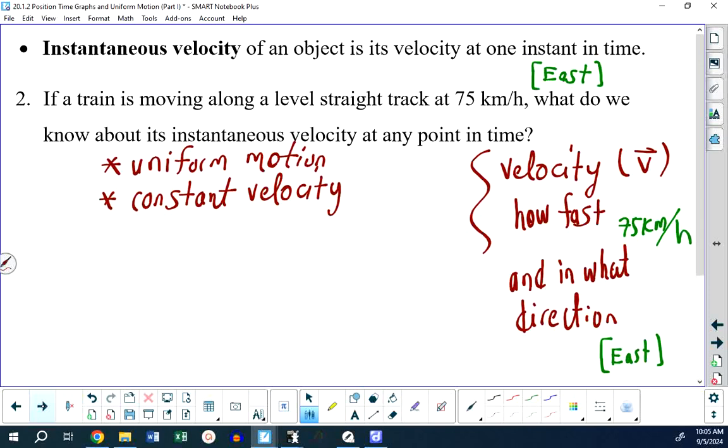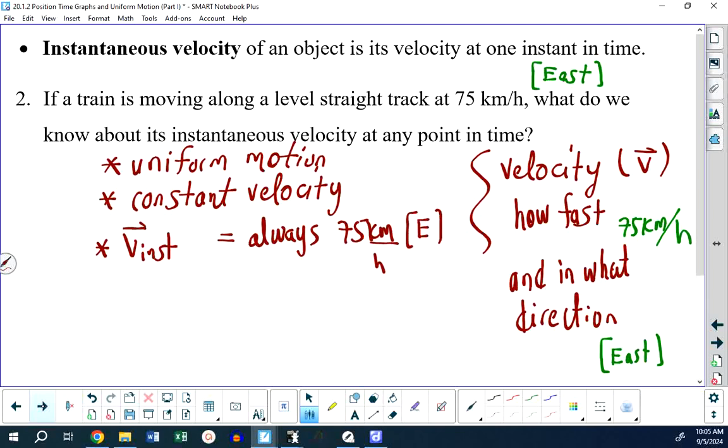However, in this case, it's constant velocity, it's uniform motion, and that means the instantaneous velocity is always 75 kilometers per hour. I'm going to go with the east thing here, just so I have a direction, so I don't have to say 75 kilometers per hour that way, or whatever way the train is moving.